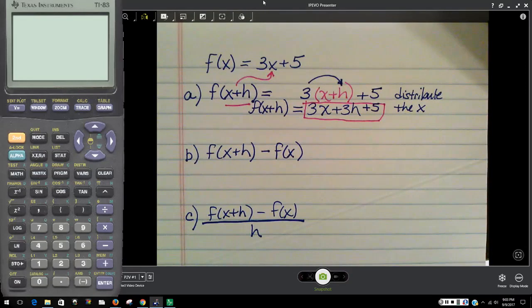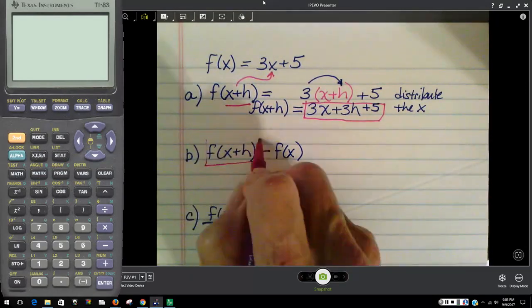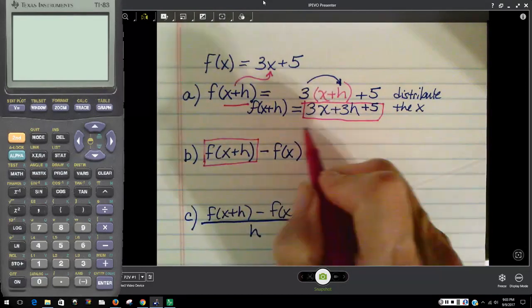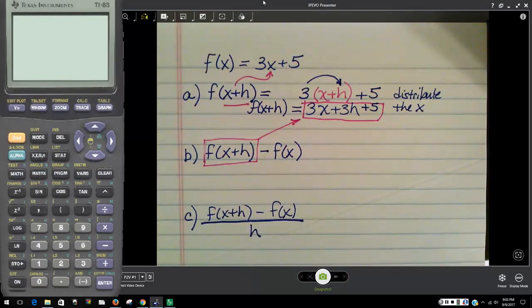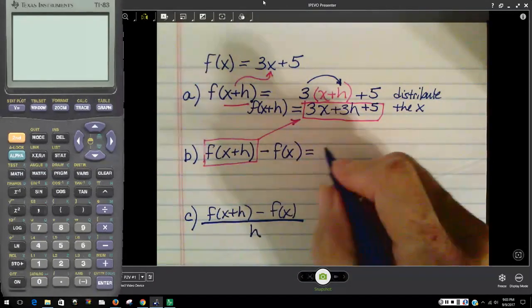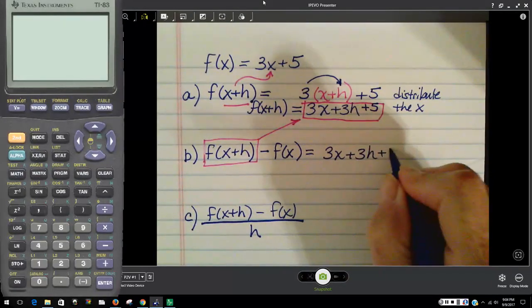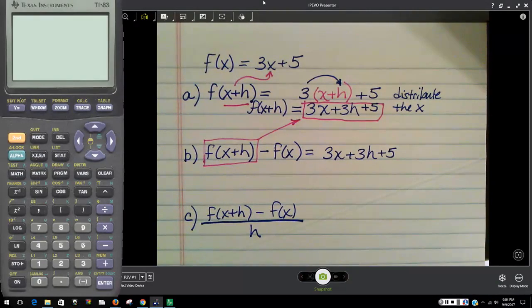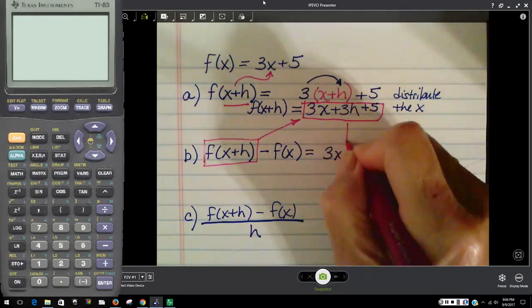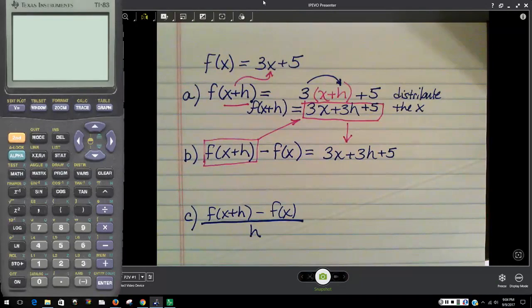And then next, we're going to take f of x plus h, which is this same quantity here, and from that quantity, we are going to subtract the original f of x. So what we have here is 3x plus 3h plus 5, which came to us from the previous step. And then from there, we're going to subtract f of x.